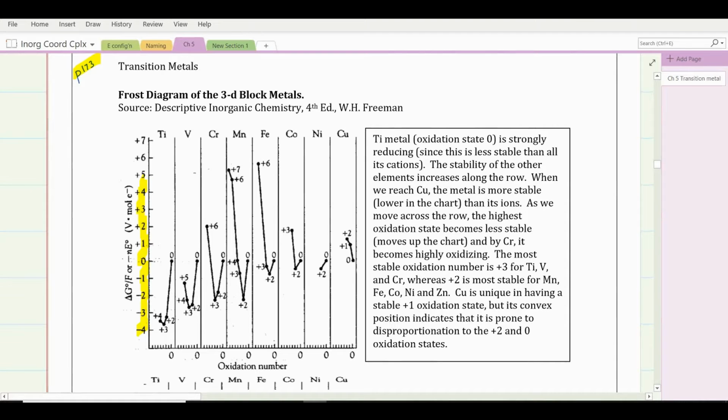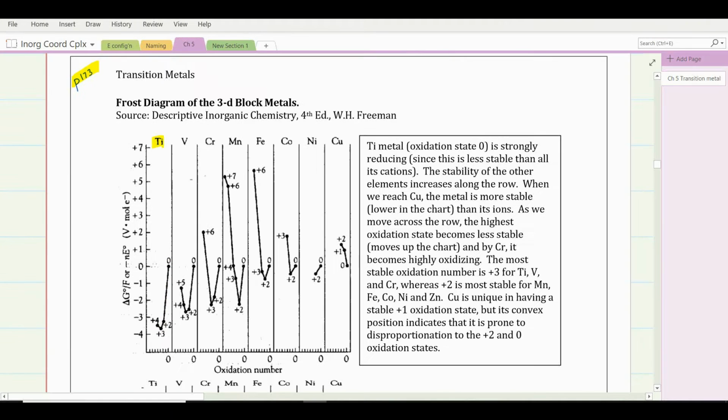So a higher y-axis position means more reactive. So for example, titanium, its element with oxidation state 0, is quite reactive. It would like to be oxidized and give up 3 electrons and form its most stable oxidation state +3. So higher y-axis position means more reactive.